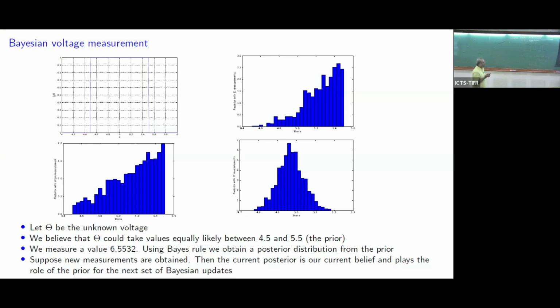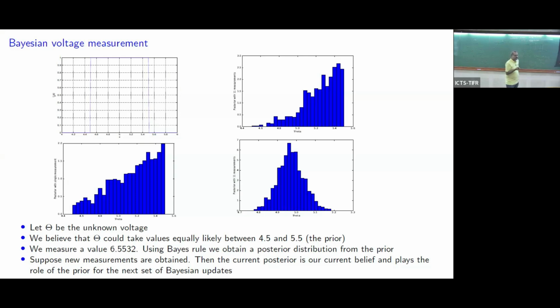For example, this is the final distribution that I get. I can take the mean, or the expectation, of this distribution and report it as a single value. That is the expected value of my posterior distribution, a single value estimate of the voltage.